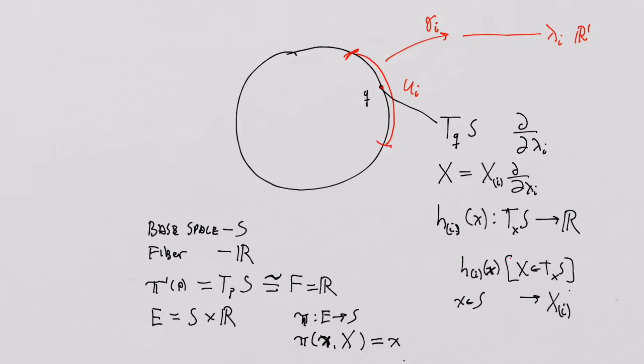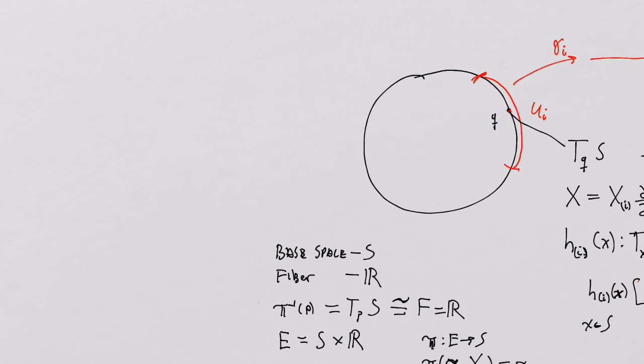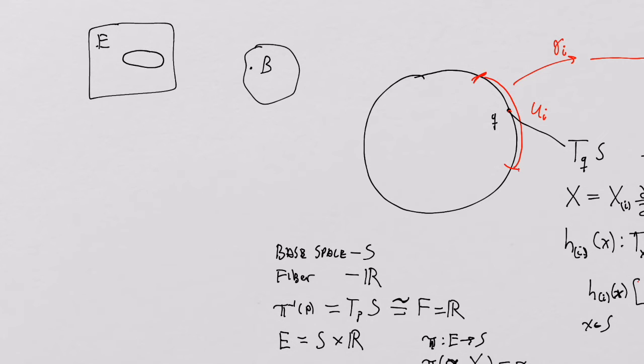So how did this look in the previous way we drew it? Remember how we did this before? We said we had the base space B, the total space E, right? And then we had a point here, and this was pi inverse of that point, and that maps to the fiber.